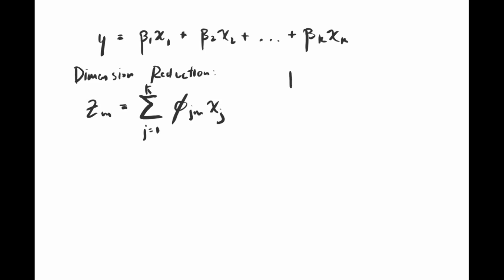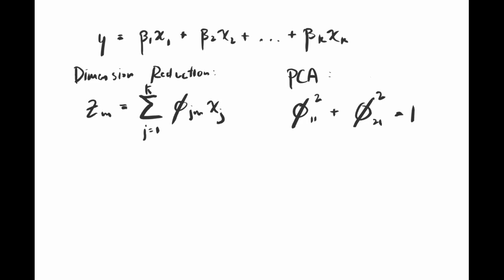In the specific case of PCA, the sum of these guys, the phi, is equal to 1.